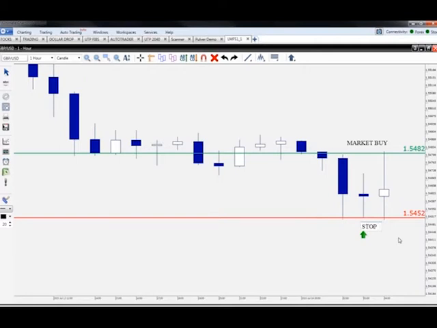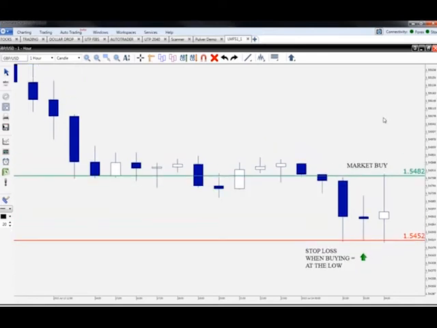Stop loss, when buying, is going to be at the low of the 3 o'clock candle. I'll just put it at the low. So once again, when we're buying, the stop loss is going to be at the low. When we're selling the market, it's going to be a little bit different.